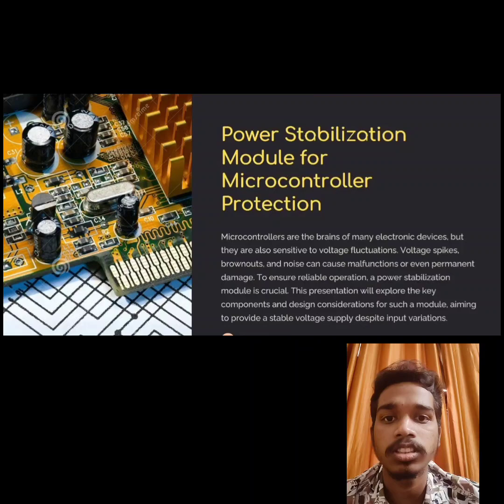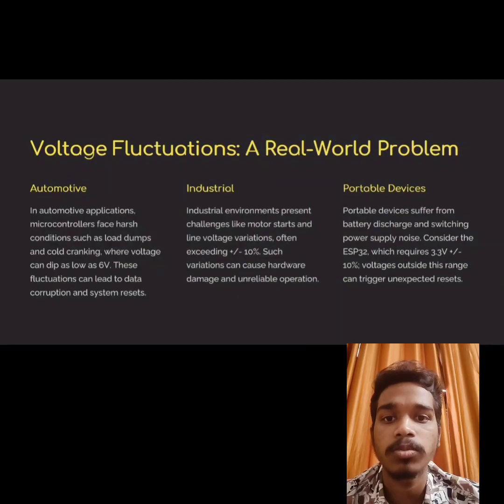supply despite this variation. So my first point is voltage fluctuation, a real world problem. First is automotive. In automotive applications, microcontrollers face harsh conditions such as load dumps and cold cranking, where voltage can dip as low as 6 volt.